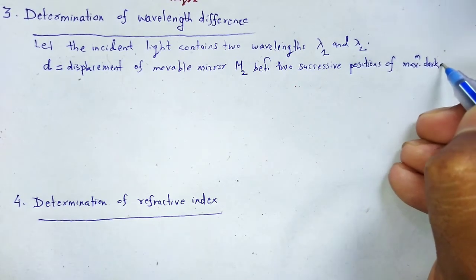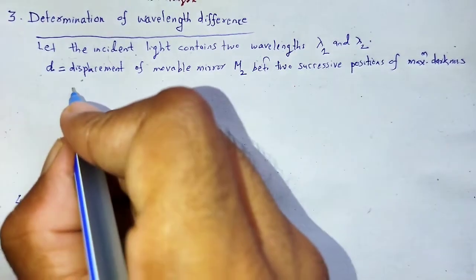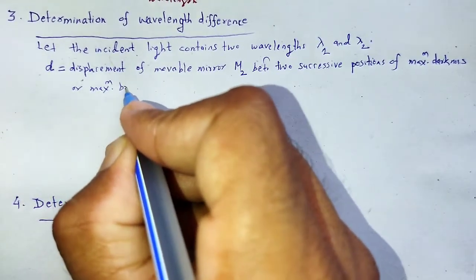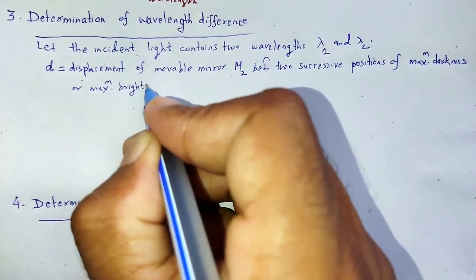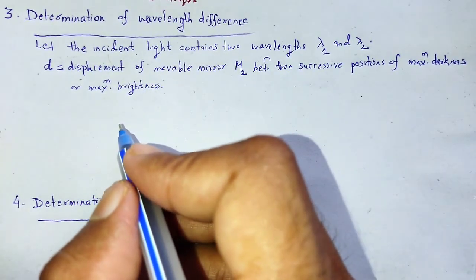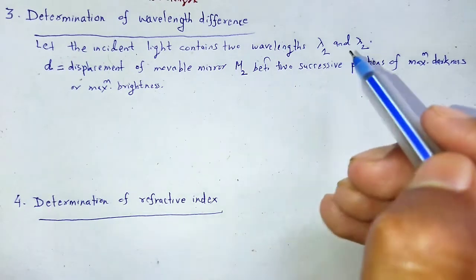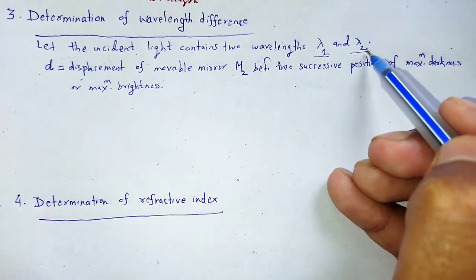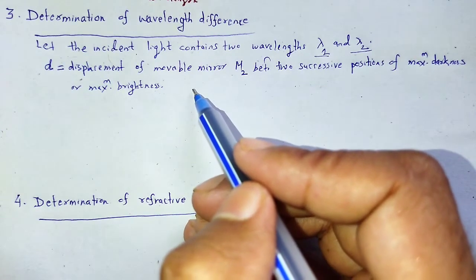Maximum darkness or maximum brightness. Taking lambda 1 is greater than lambda 2.